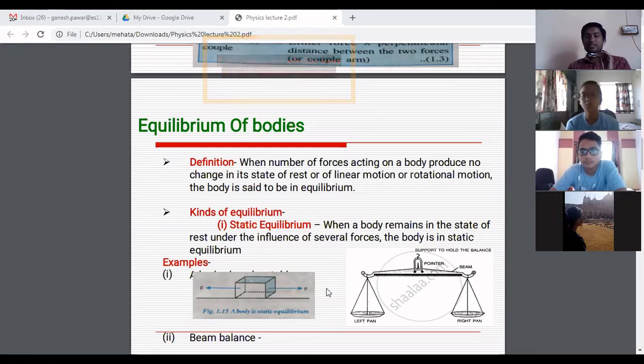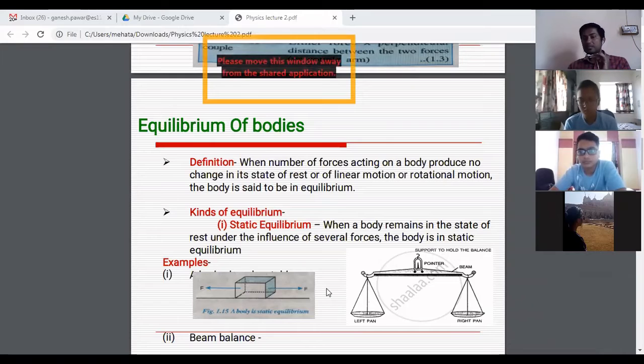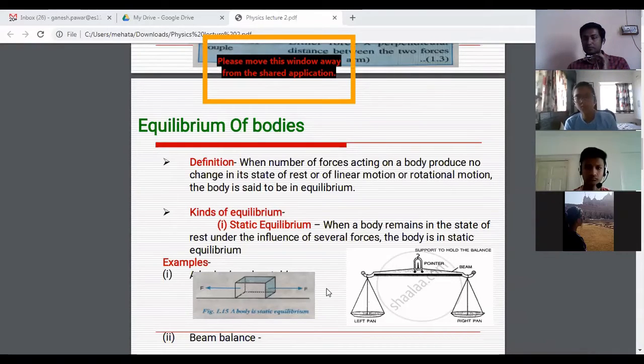Both the forces are equal and opposite. Therefore the book is in a rest position. Clear, children? So that is the example of static equilibrium. Still a number of forces are acting on the body, but the body is in a state of rest.